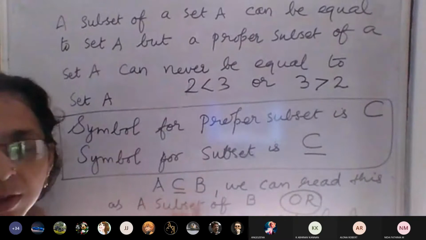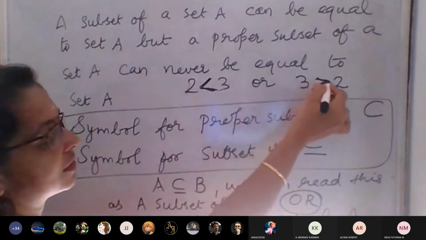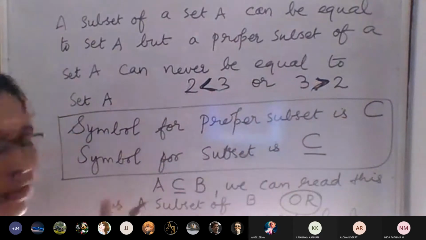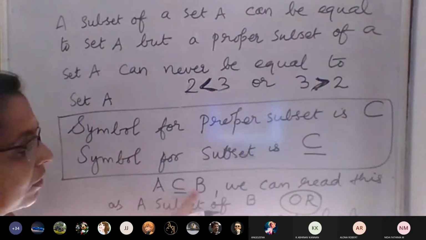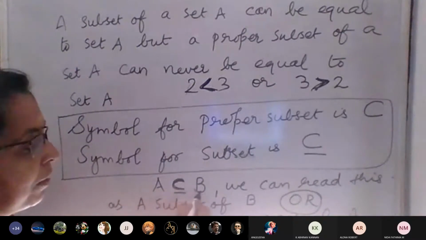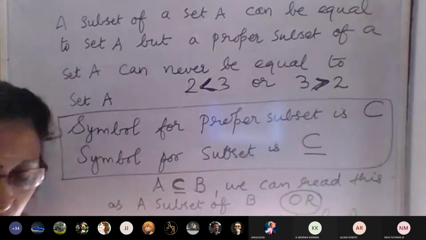B is the bigger one, no? Same as the equal symbol, less than or greater than symbol, no? So here, which one is bigger? B is bigger. A is the small one.